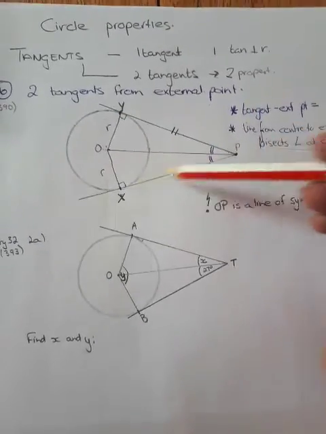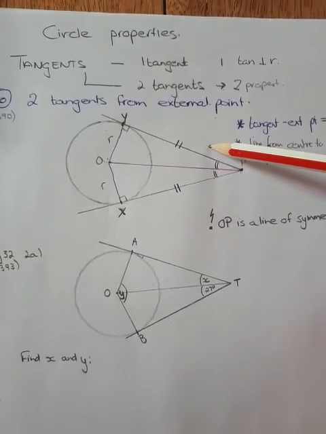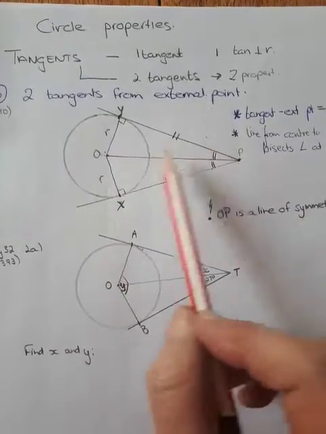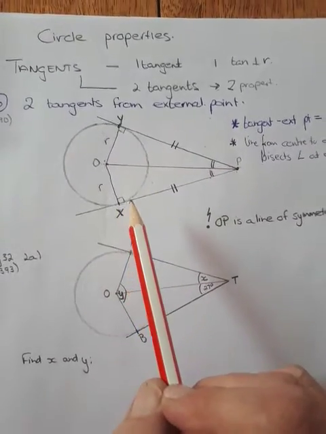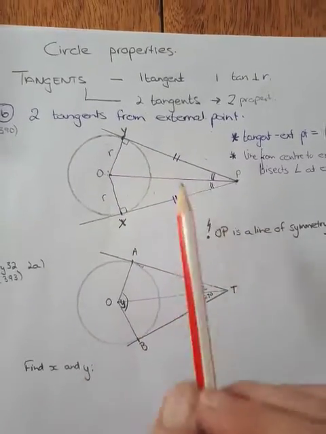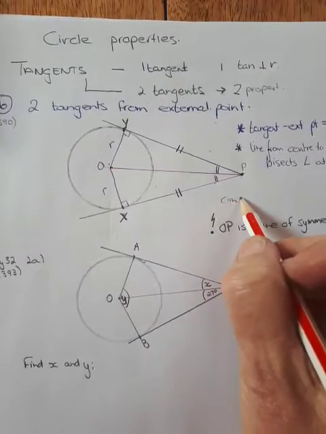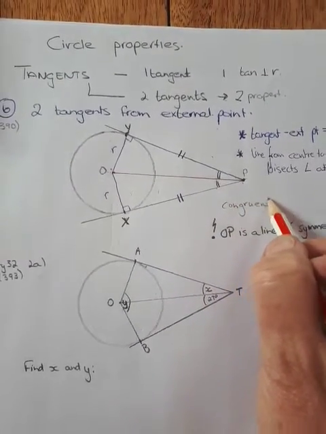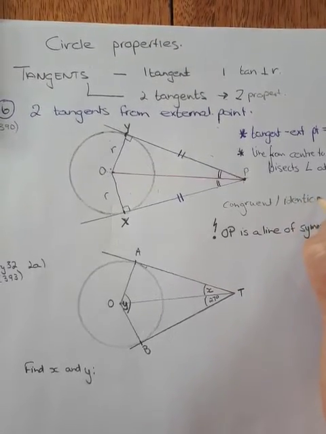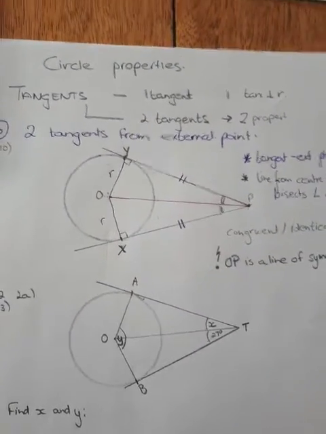In this case, it is the tangent to the external point, which you have now learned are equal in length. And line OP is the same for both triangles. So it has three equal lengths, which means these two triangles are congruent. You already learned that: congruent means they are identical.